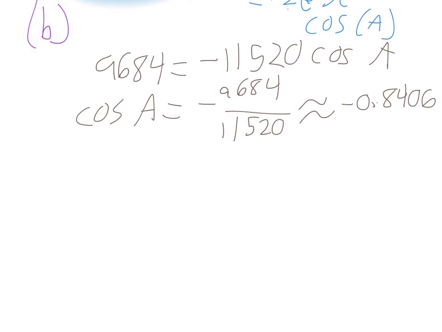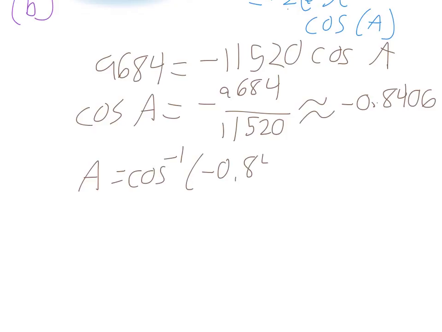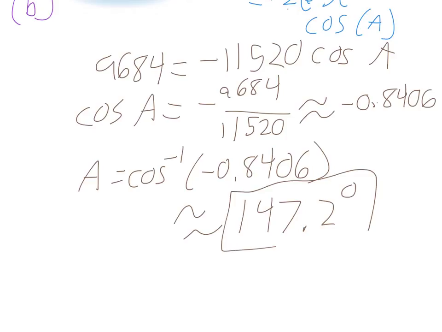Alright, good job, Mr. Scott. No, we're not done yet. So, angle A is equal to the cosine inverse of negative 0.8406, which is approximately 147.2. So the boat needs to make a turn of about 147.2 degrees to correct its course.